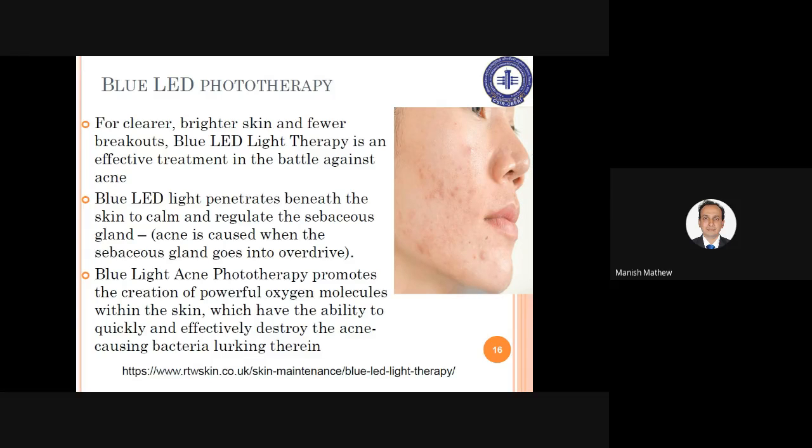This is a new technology that people are focusing on rather than using medicine or chemicals to treat acne. And this LED will have a very huge market, especially in India, where a lot of people face this problem.